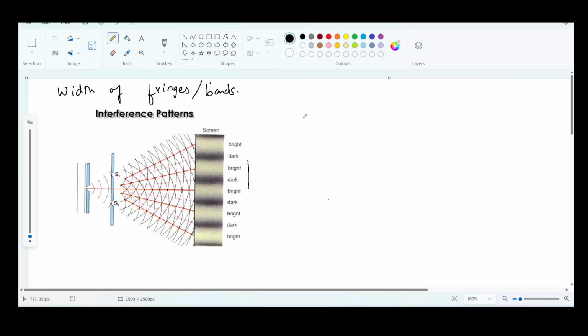So bright to bright, this is width W, or dark to dark, this is also width. Both are equal.